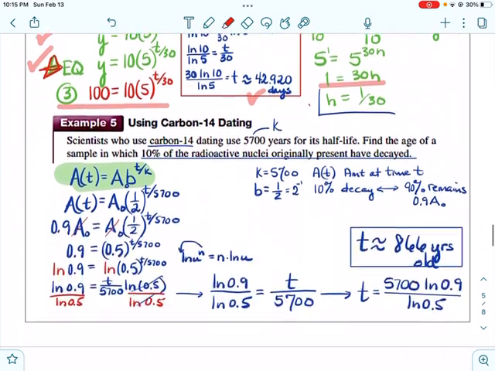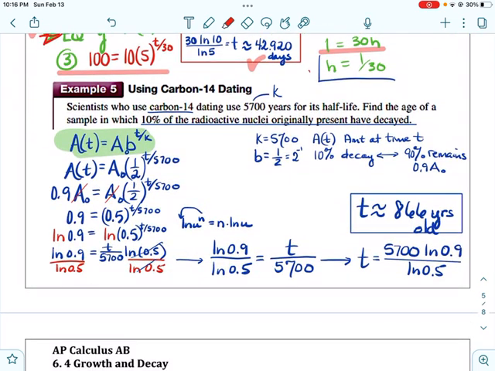Okay. Then we have carbon-14 dating. In example 5, scientists who use carbon-14 dating use 5,700 years for its half-life. Find the age of a sample in which 10% of the radioactive nuclei present have decayed.